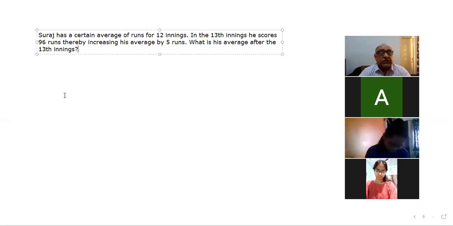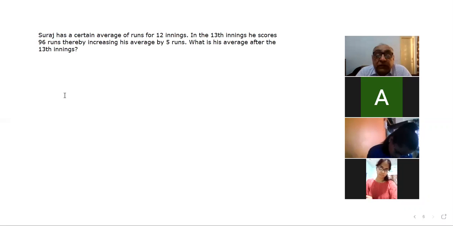Suraj has a certain average of runs for 12 innings. In the 13th innings, he scores 96 runs, thereby increasing his average by 5 runs. What is his average after the 13th innings?